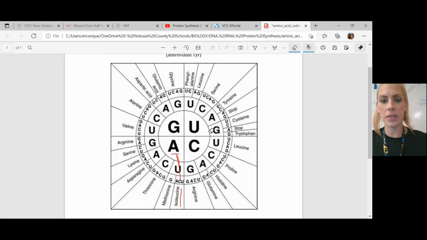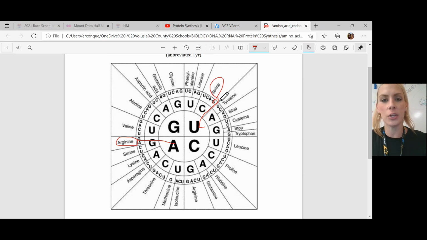All right, now that you've done that, your 2 codons should be AGA, which would code for arginine. So if you got arginine, you did it right. And UCG, we have serine.